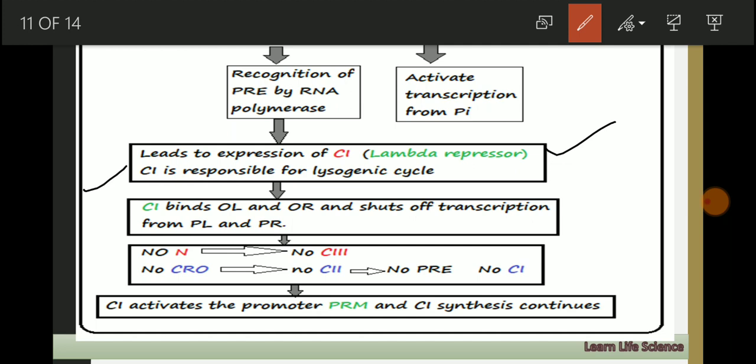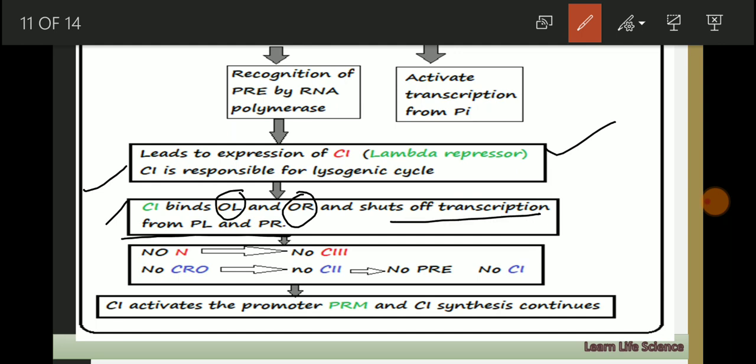C1 is responsible for lysogenic cycle. Okay, now C1 is a repressor, means what? It is going to bind to the operator regions and it is going to shut off the transcription of early genes. Okay, so C1 is going to bind to OL, the operator for left hand side genes, and OR, the operator for right hand side genes, and shut off transcription from PL and PR.